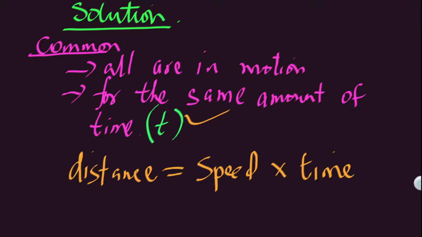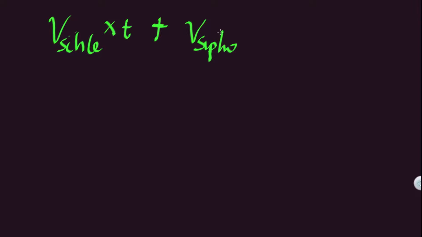We are going to be aided by the information for Sipho and Sihle. Let's go to that now. We know that if we multiply v, the speed for Sihle, by t, and we add that to v for Sipho, multiplied by t, this should be equals to 100.